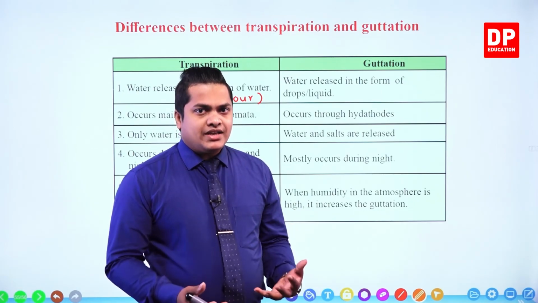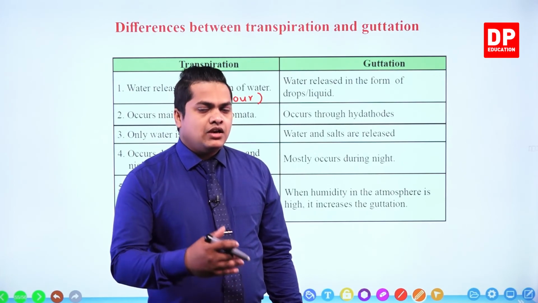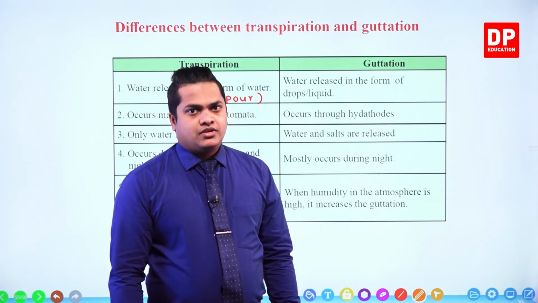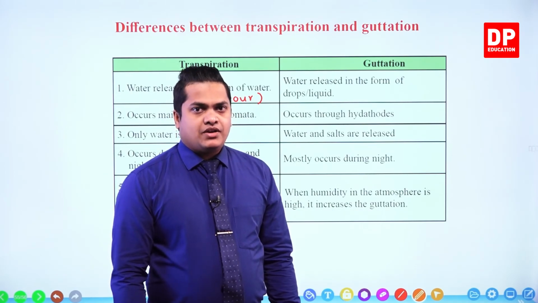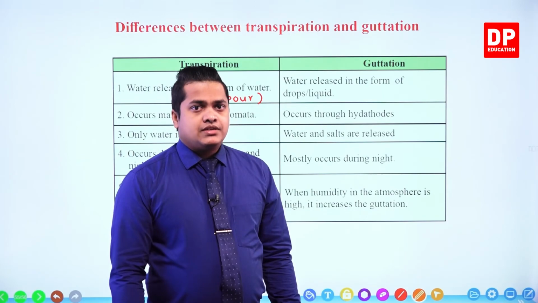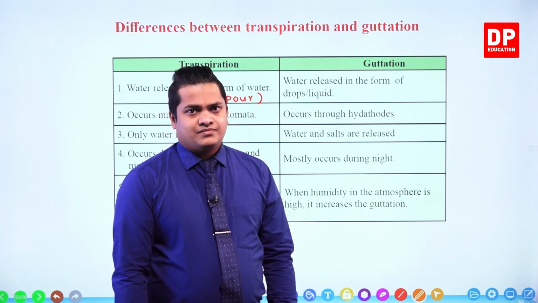Higher the humidity, higher the guttation. Lower the humidity, lower the guttation. But it is opposite to transpiration. Transpiration is happening because of high temperature, heat conditions. Upon having high humidity, the high temperature is reduced.